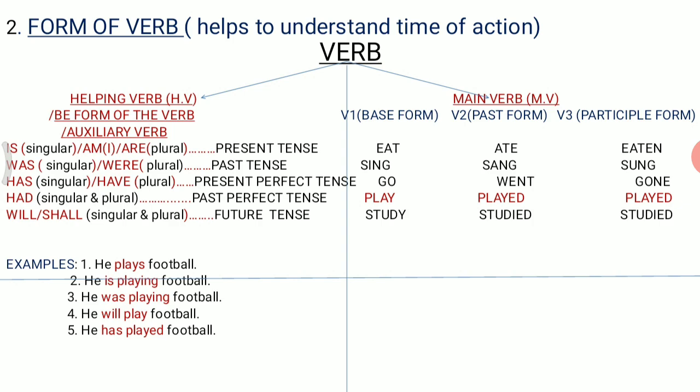So here on the other side, you can see your main verbs. Now main verb basically has three forms: base form, past form and past participle form. Or you can say the first form of the verb is the base form, the second form of the verb is known as the past form, and the third form of the verb is known as the participle form.